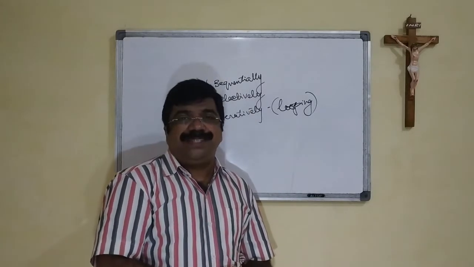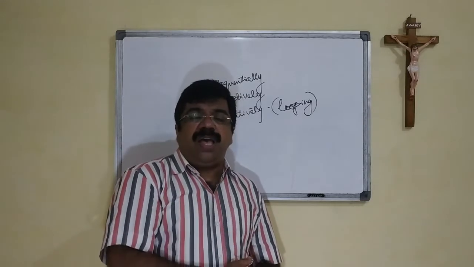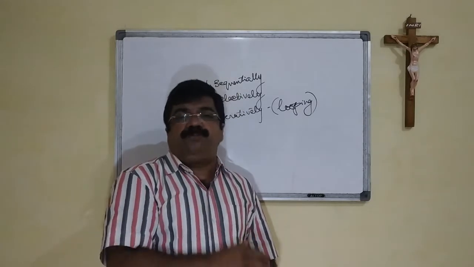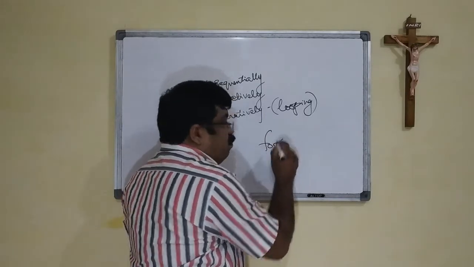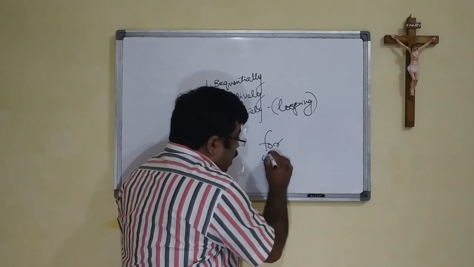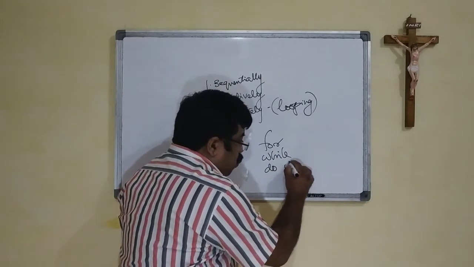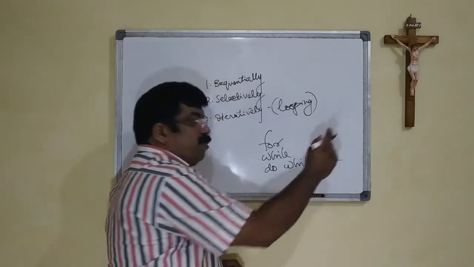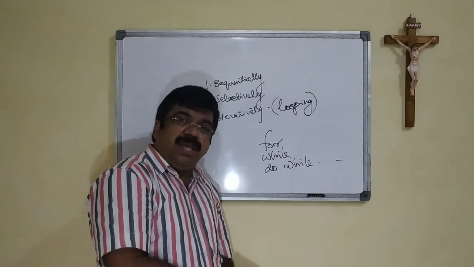That is what is known as looping. In Java, we have three types of loops. We have the for loop, the while loop, as well as the do while loop. These are the three looping statements in Java.